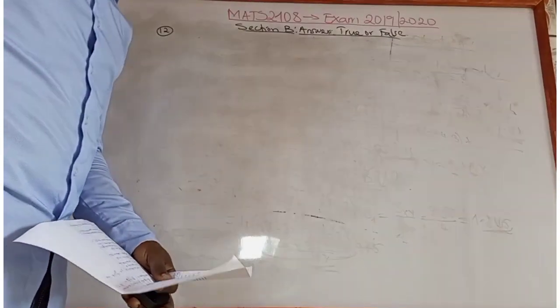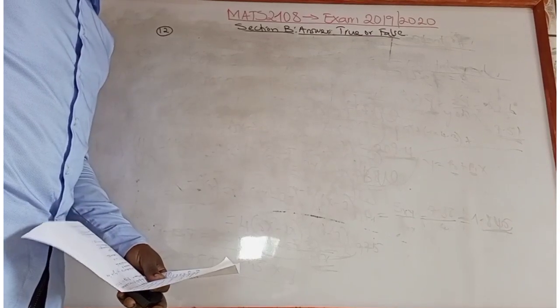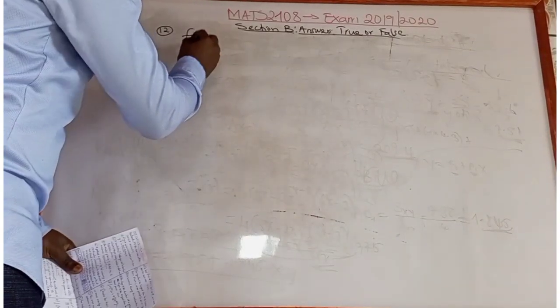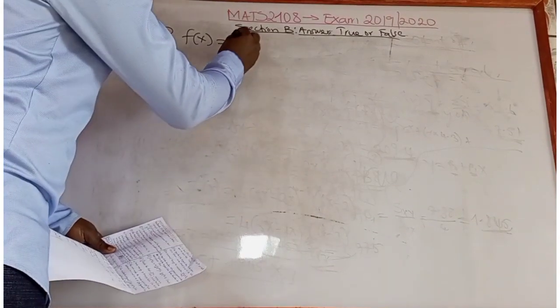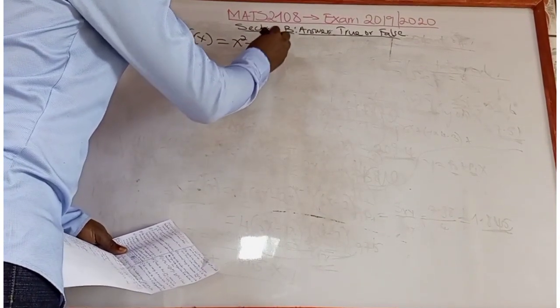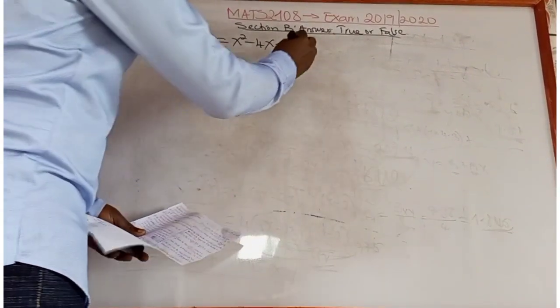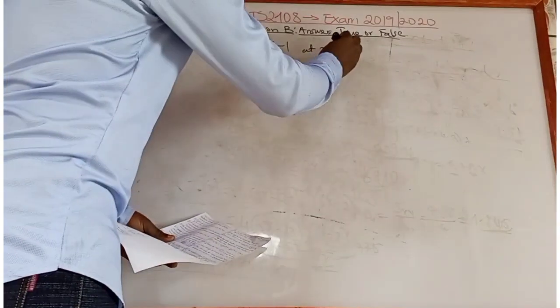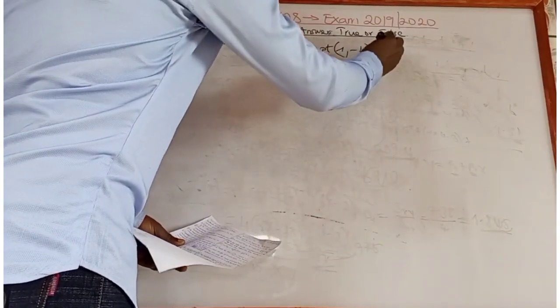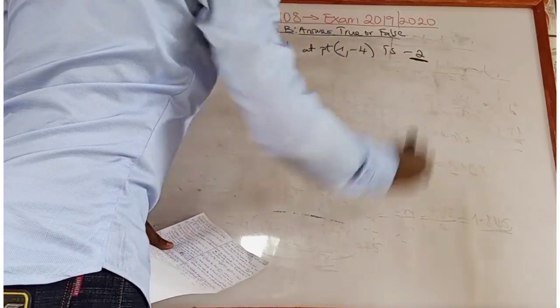Question number 12. The equation of the tangent line to the curve f of x equal to x squared minus 4x minus 1 at the point 1, negative 4 is negative 2.